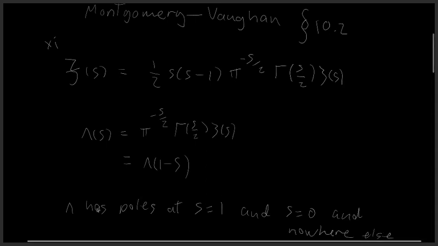So really, the statement is that it's holomorphic on the entire complex plane, except for these two simple poles that it has.